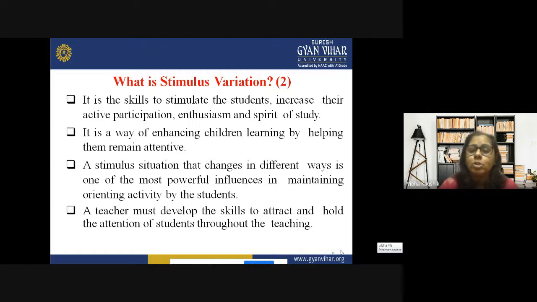It is the responsibility of the teacher to develop the skills to attract and hold the attention, which means that he or she will be able to attract the attention of the students to what he is teaching throughout the teaching, not for a particular period, but throughout the teaching process.